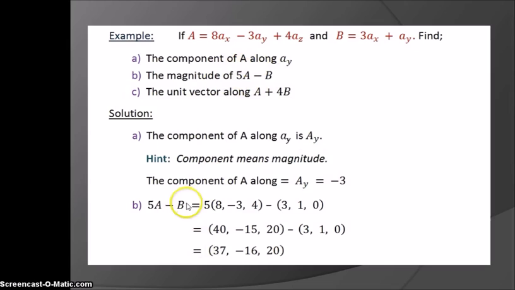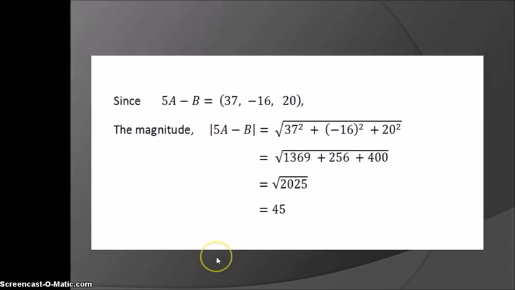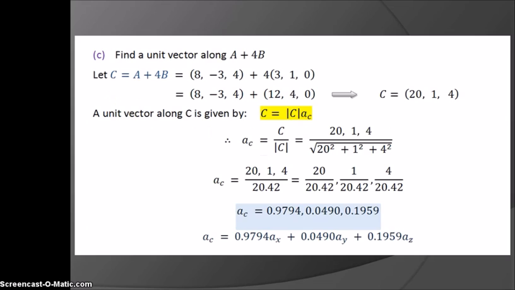We just solved for 5a minus b. This is not the magnitude yet, so we are still on the second question. To find the magnitude, it's 37 squared plus -16 squared plus 20 squared, and it all boils down to 45. That would be the magnitude. It's a single number.